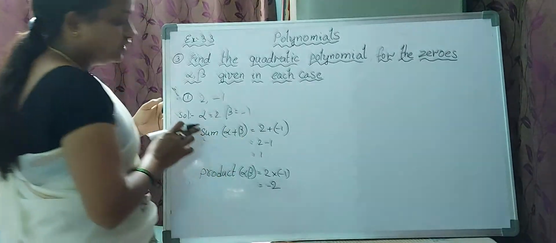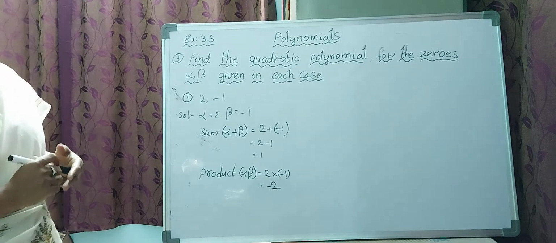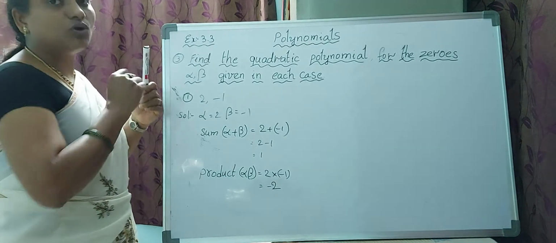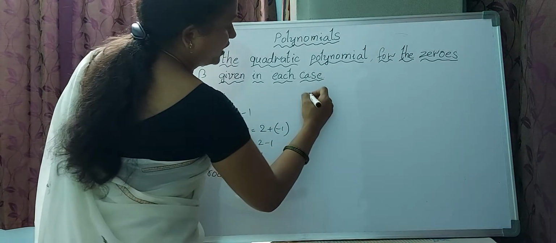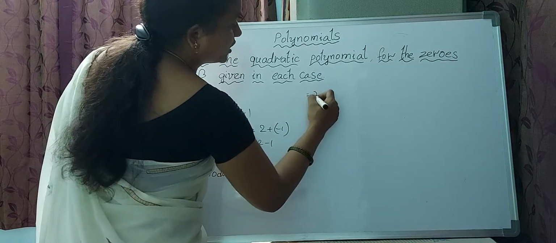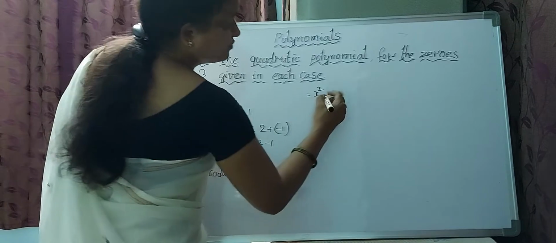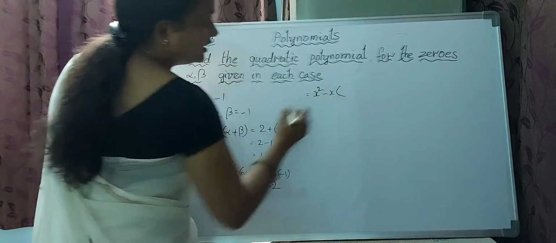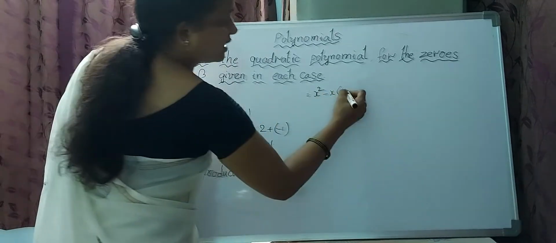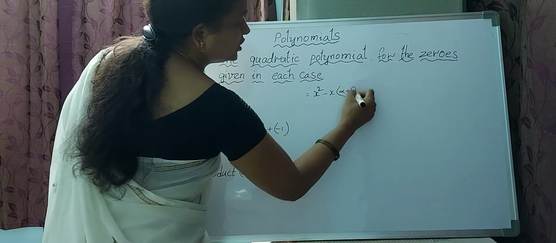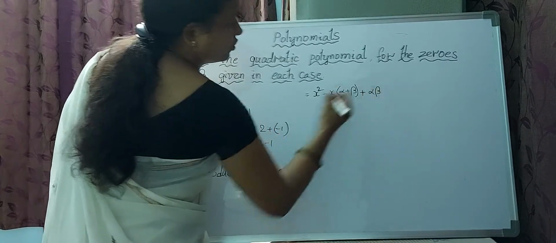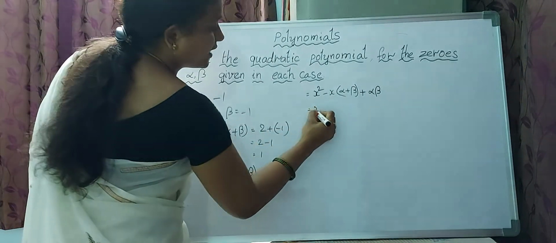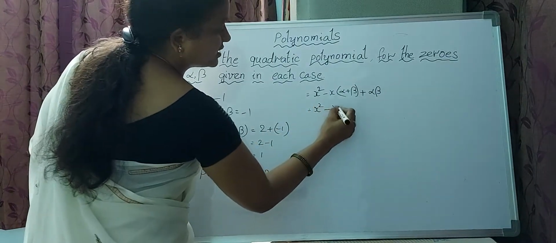If you find the sum and the product, it is very easy to find the quadratic polynomial. How to write it? The quadratic equation is x square minus x into (alpha plus beta, the sum of the zeros) plus the product of the zeros. x square stays, minus x.